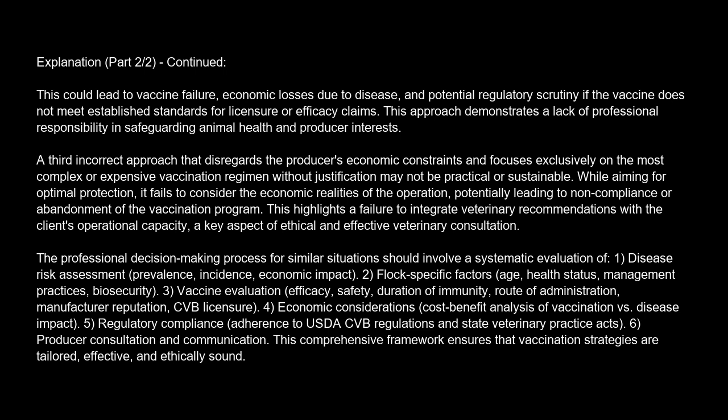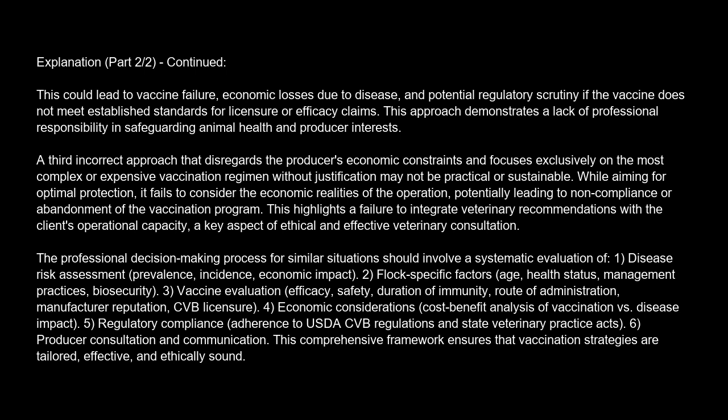veterinary consultation. The professional decision-making process for similar situations should involve a systematic evaluation of: 1. Disease risk assessment, prevalence, incidence, economic impact. 2. Flock-specific factors, age, health status, management practices, biosecurity. 3. Vaccine evaluation, efficacy, safety, duration of immunity, route of administration, manufacturer reputation, CVB licensure. 4.